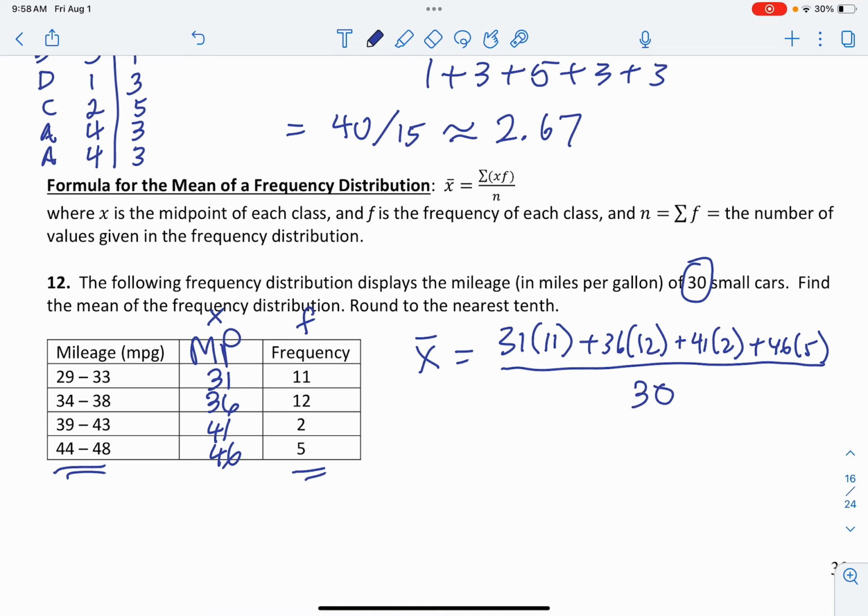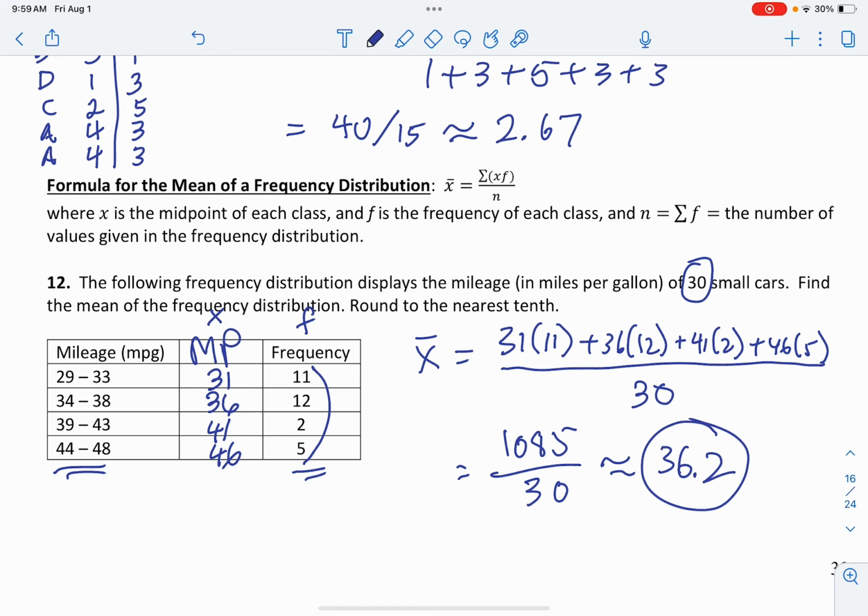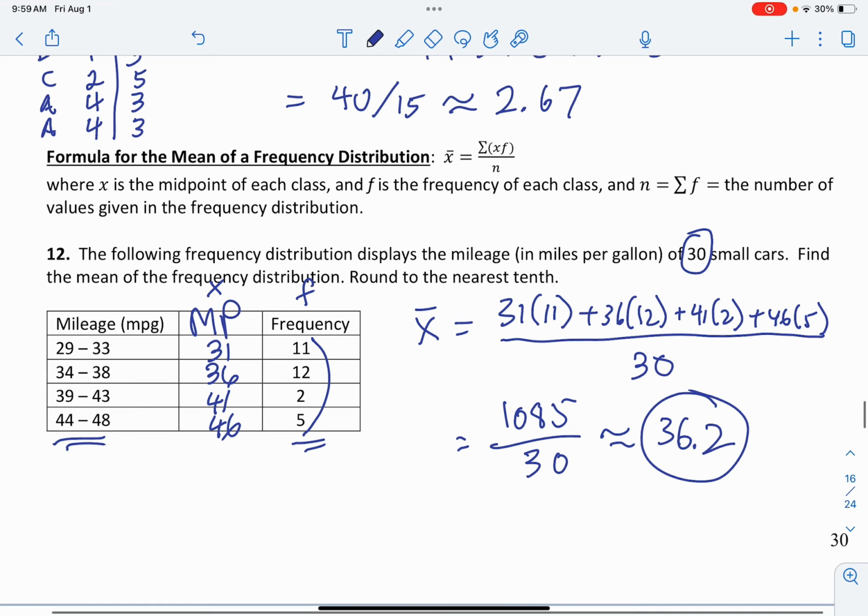It's the n, right, sample size. So sometimes you're given that, or if not, you just have to add up all those frequencies. All right, and we did it. Okay, so this is 1085. We calculate that top divided by 30. I'd verify that with your calculator, making sure you're getting the right values in your calculator, and that's about 36.2. All right, and that's that one.